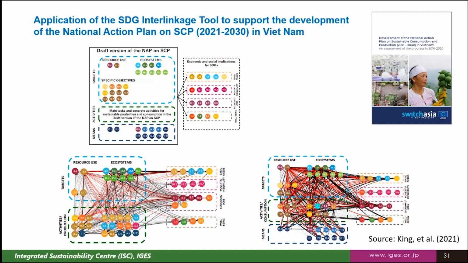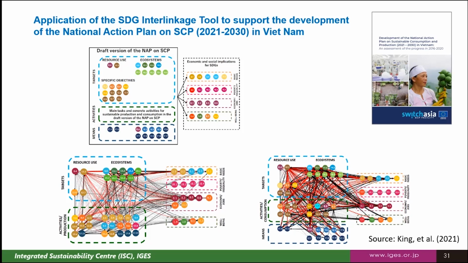In 2019, Vietnam developed the National Action Plan on SCP, which was led by the Ministry of Industry and Trade. In the action plan development process, the ministry proposed policy measures for addressing both sustainable production and sustainable consumption. We provided technical support by using the SDG interlinkages analysis.